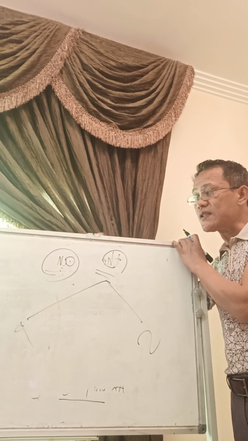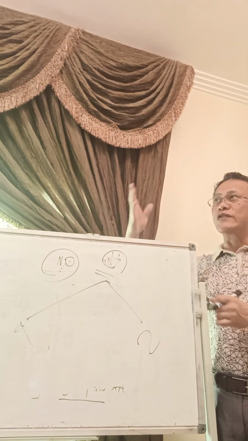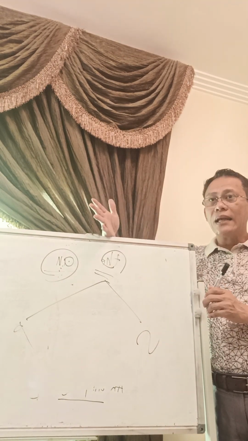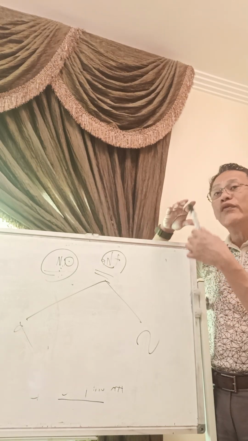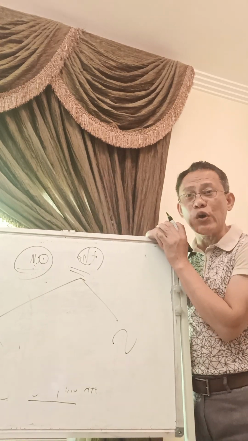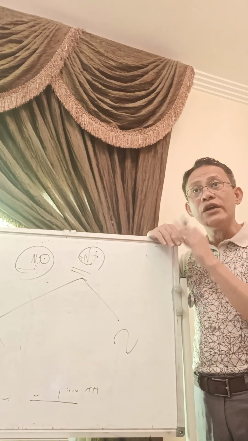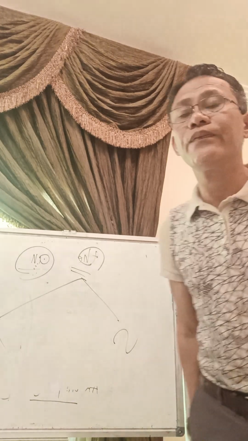The means specific. A and an are not specific. So if you say the blue pen, it means you know exactly which pen. But if you say a blue pen, you don't know what kind of pen you have. You understand? Yes or no? Yes.